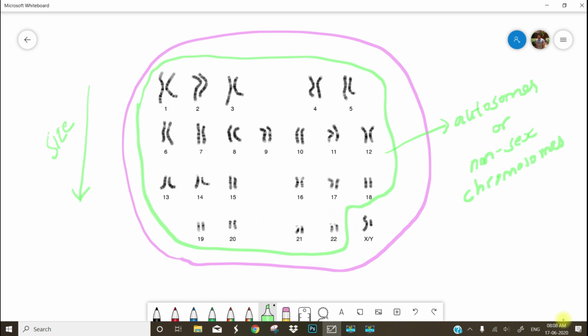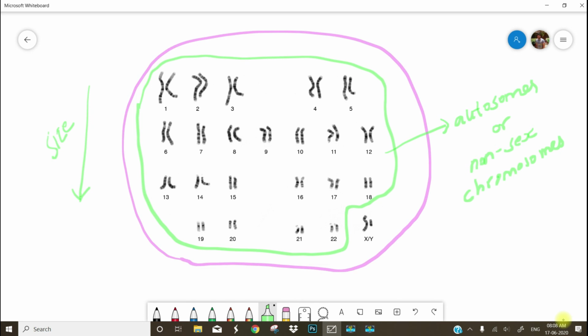And chromosome 22 will be very small compared to chromosome 1. So if somebody asks you which is the largest chromosome in your body, you can very easily say that it is chromosome 1, and it must contain so many genes also, as its size is too big.